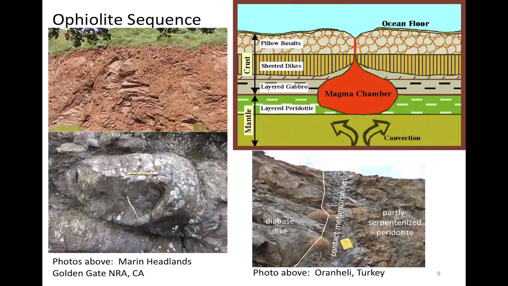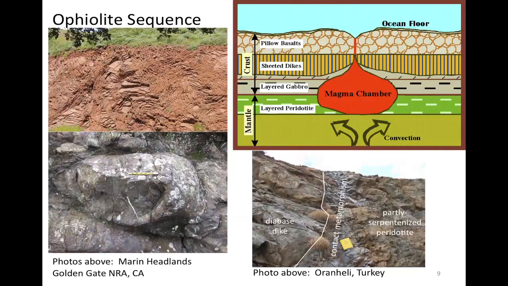And we used to be a subduction zone down here millions and millions of years ago, but now our plate boundary is the San Andreas Fault. Completely different kind of boundary now. But the geology from the subduction zone of millions of years ago here still sits today, and we call that ophiolite sequence. And the Marin Headlands in Golden Gate National Recreation Area, just north of the Golden Gate Bridge, has some spectacular rocks.